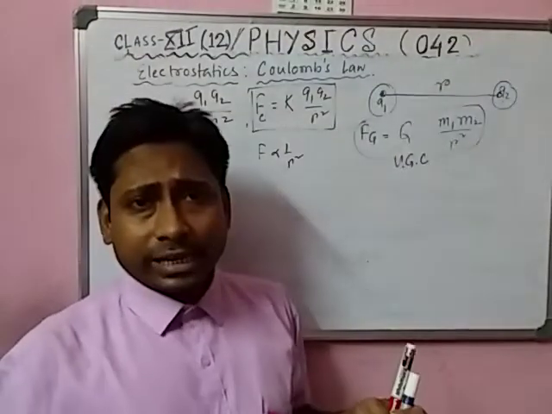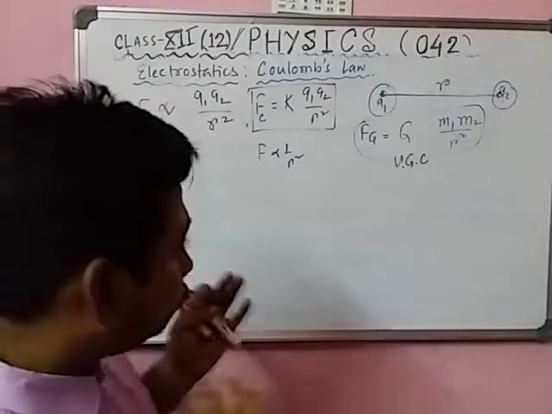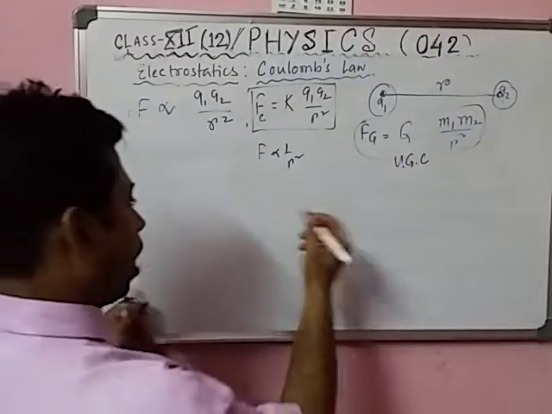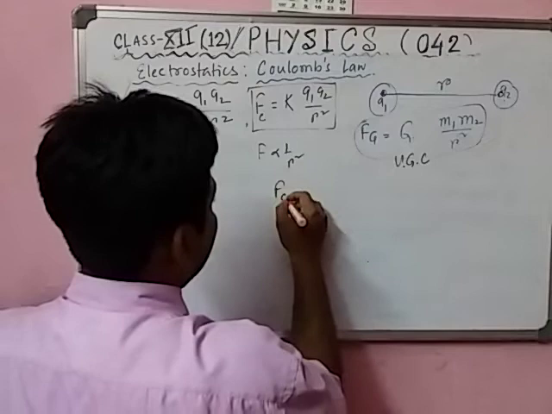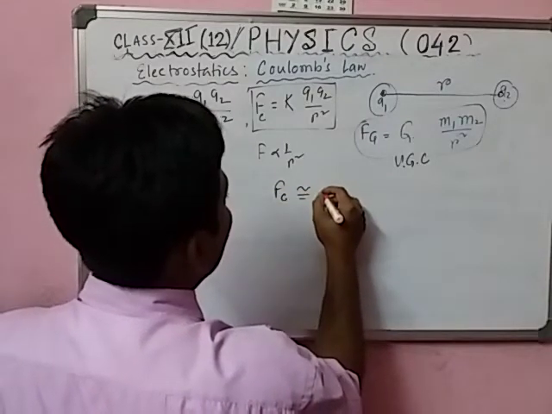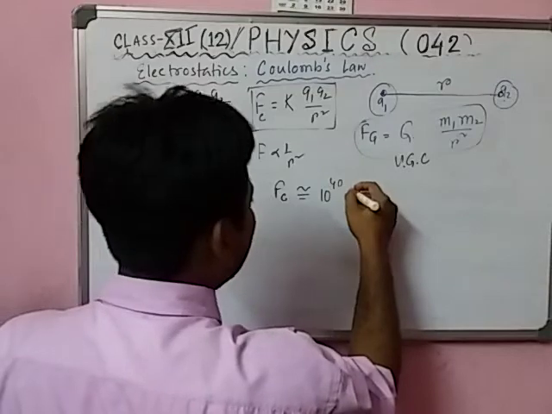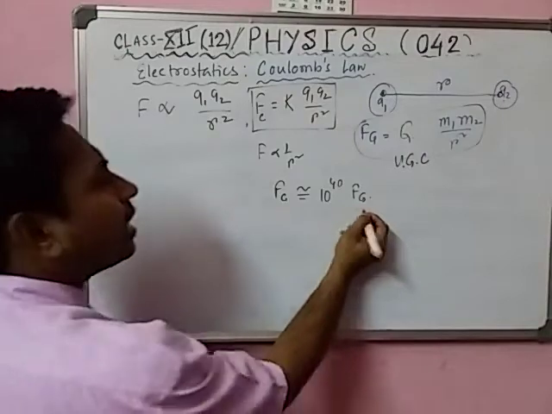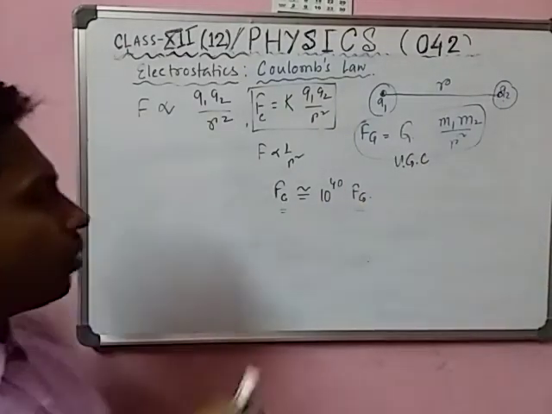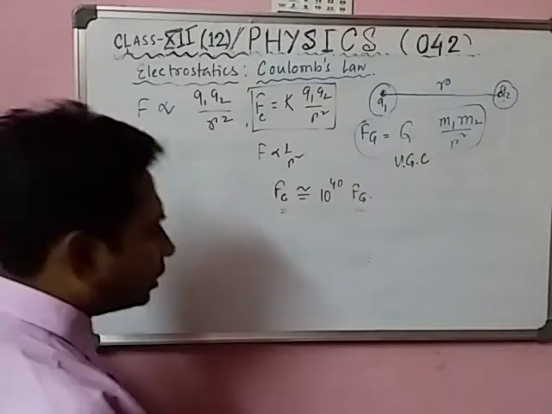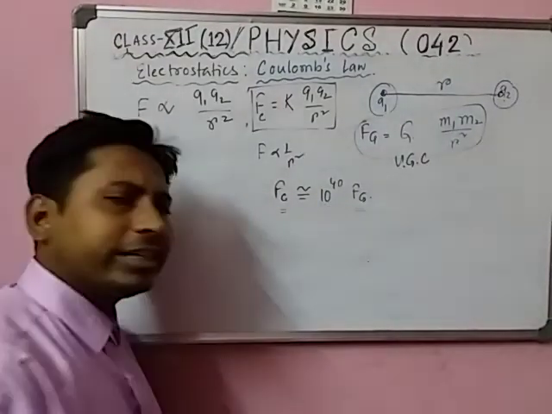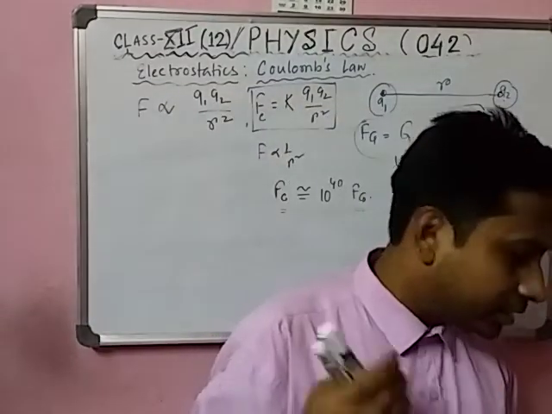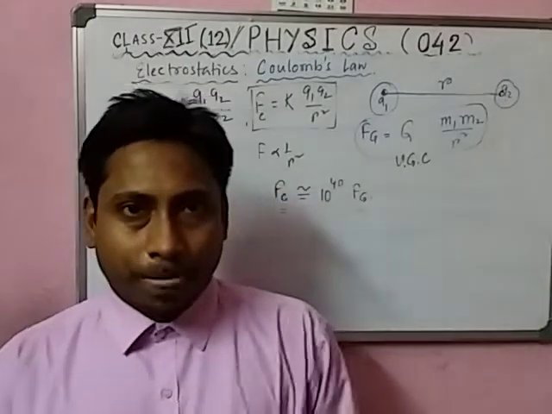So you can say Coulomb force is much stronger than the gravitational force. Fc is nearly equal to 10 to the power 40 times Fg, I think so. Gravity is a concept of mass, this is a concept of charge. Whenever it is a concept of charge, the force of attraction or repulsion increases by 10 to the power 40 times. You believe that? So Coulomb force is the strongest force in the universe.